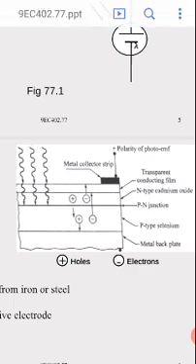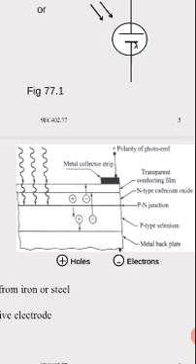N-type cadmium oxide, one layer is there. And P-type selenium and metal back plate.